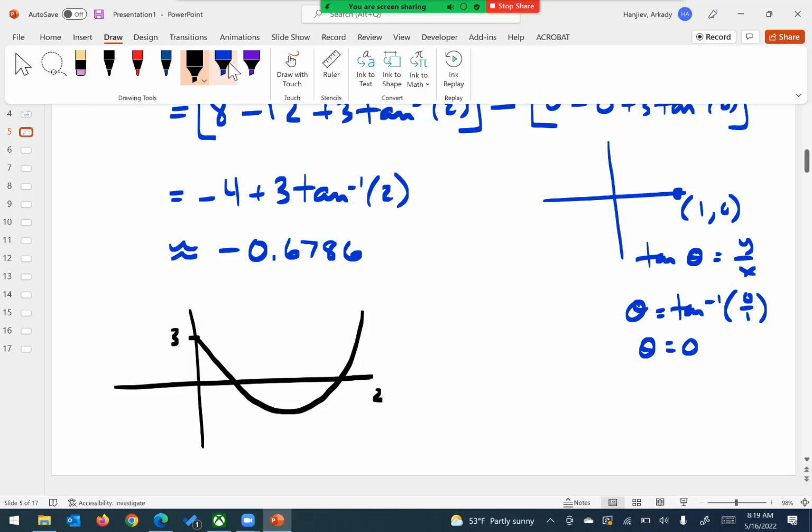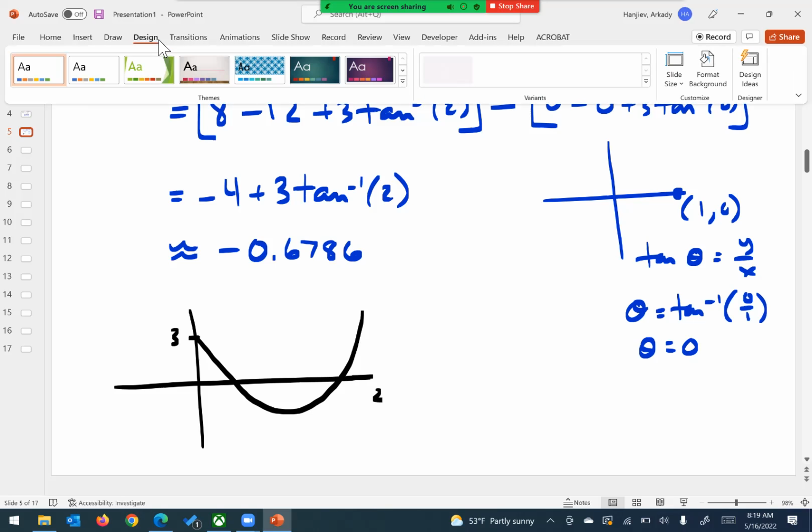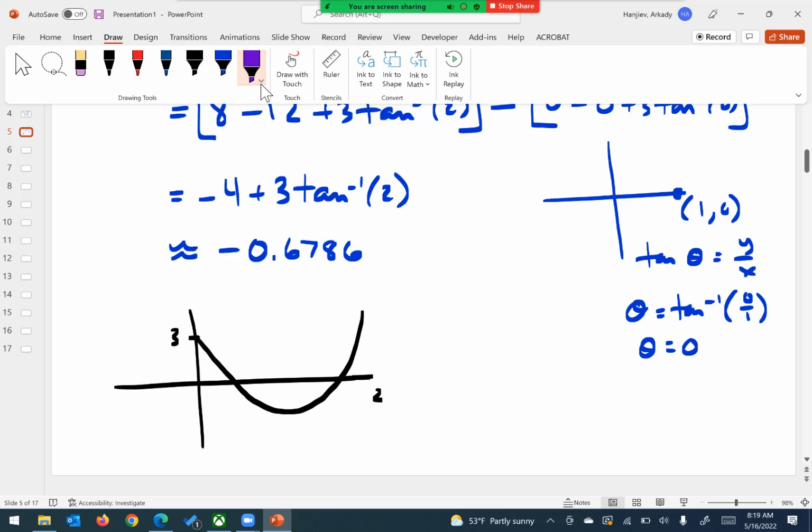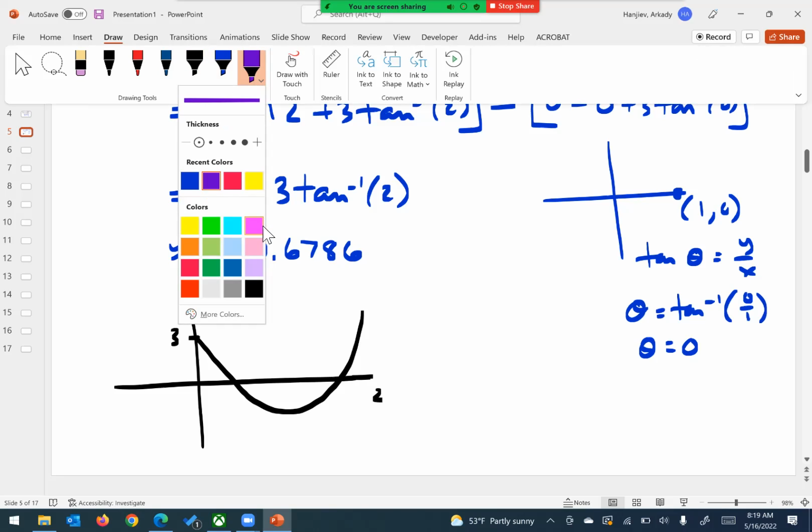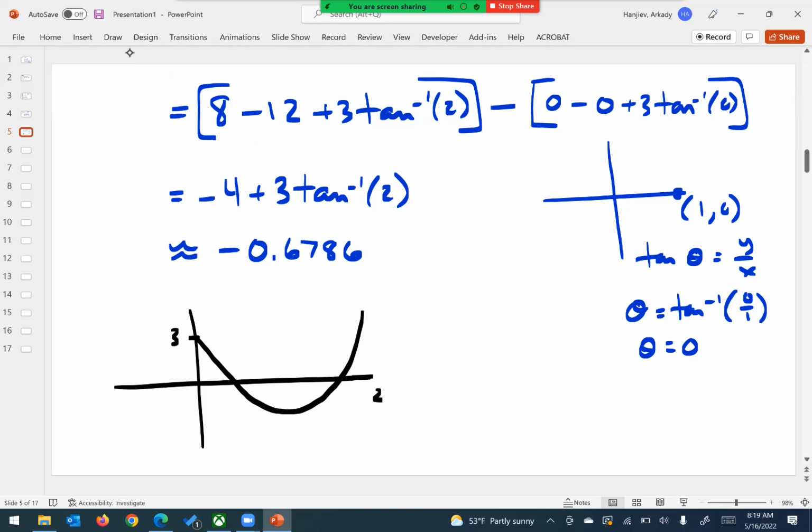All right, you guys talk to me. What's happening? We get a slightly negative area. Or you may not want to talk to me. That's fine too. So I think what's happening is this little area right here is positive. This area right here is positive.